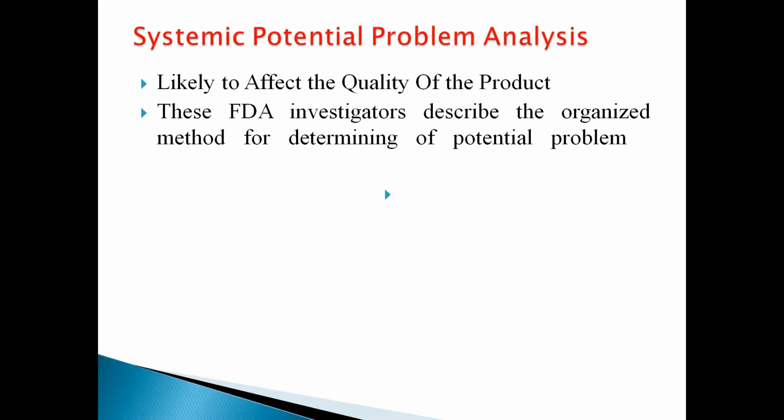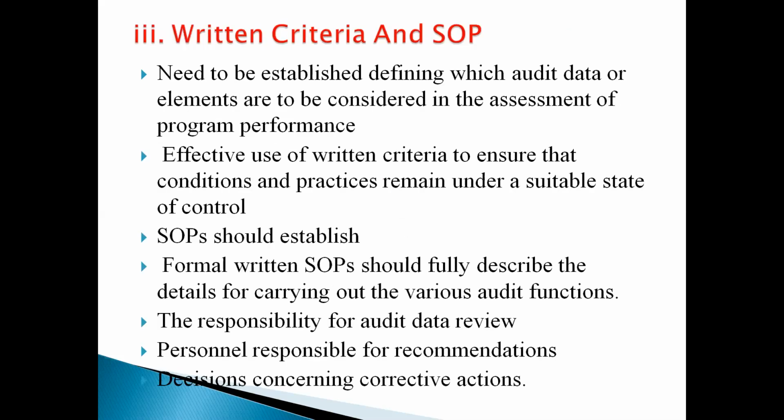So, systematic potential problem analysis. There is a spelling mistake: not systemic, but systematic, and likely to affect the quality of the product. These FDA investigators describe the organized method for determining potential problems. Then written criteria and SOP.